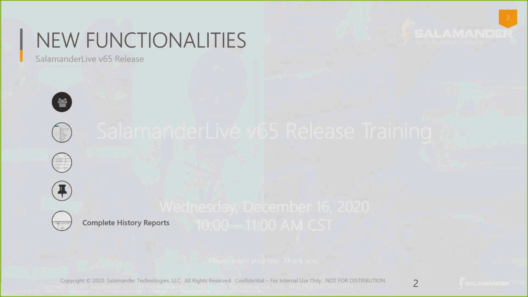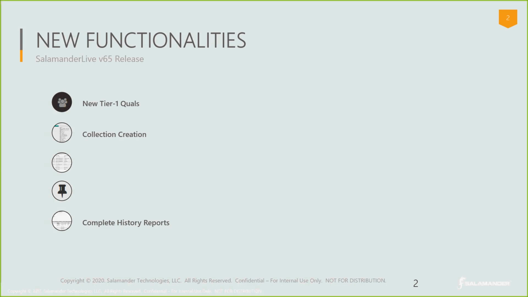All right, so if you've seen the v65 release notes, you'll notice that there's a long list of those bug fixes and enhancements. As I stated, I'm only going to focus on the 4 new functionalities and 2 new reports that were added.